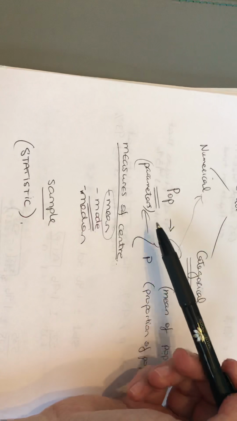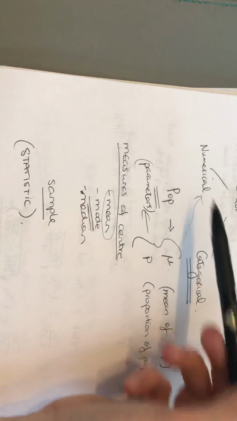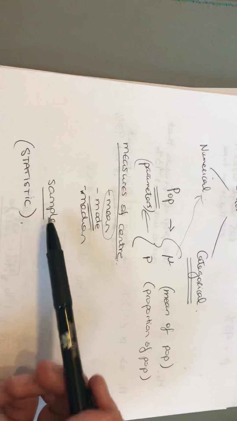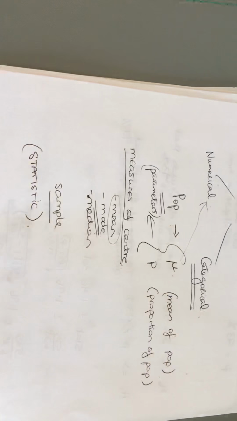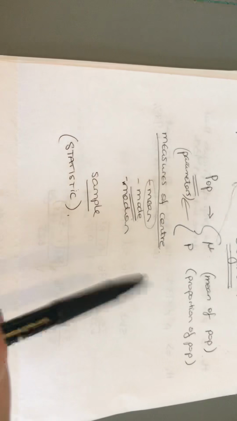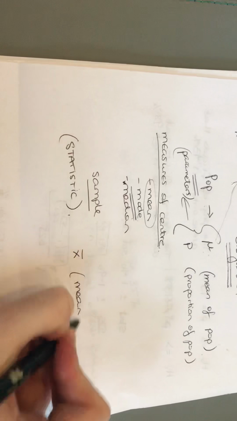So if you survey the whole population, you'll get one of these two parameters, depending on the data you were collecting. And if you surveyed a sample of the population, you will collect a statistic. If the sample was surveyed on numerical data, you will get the mean of the sample.